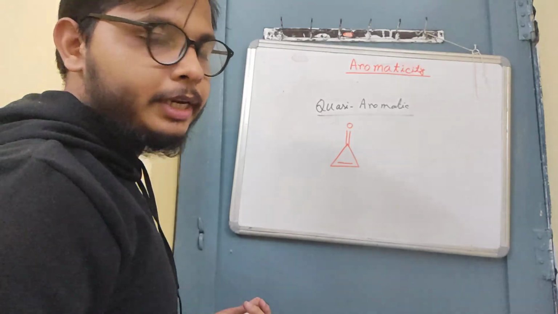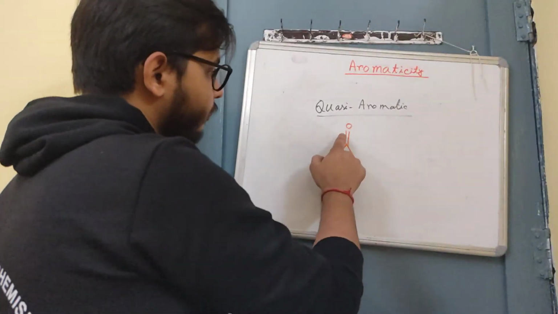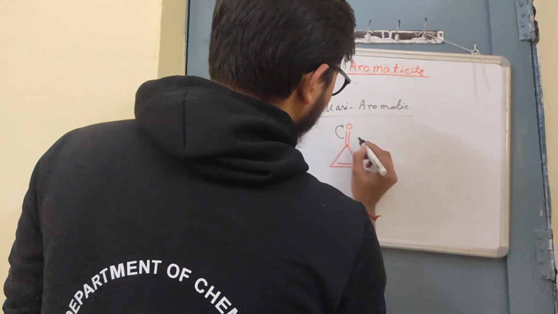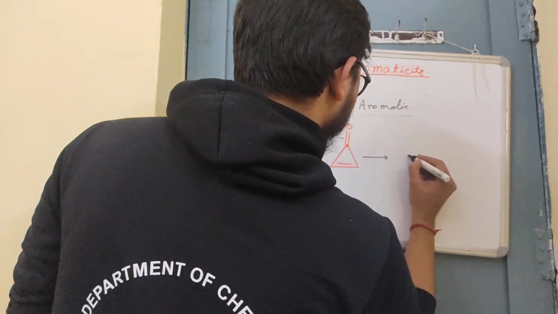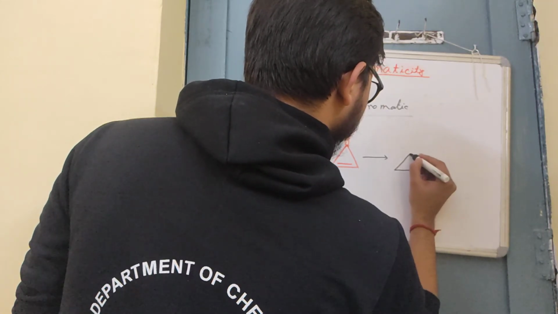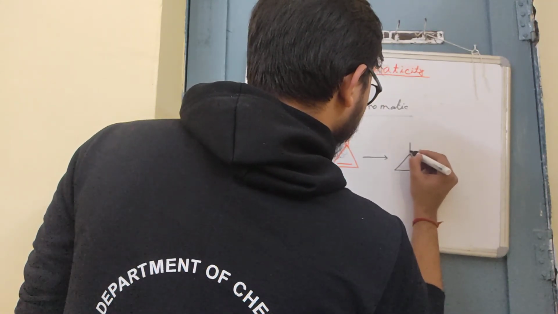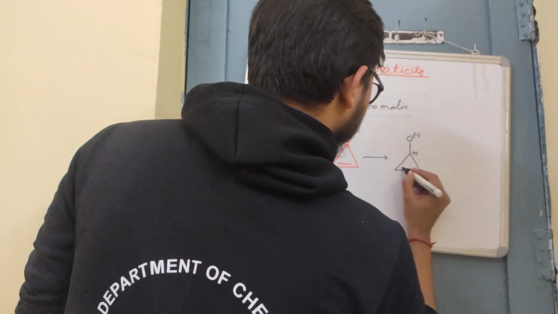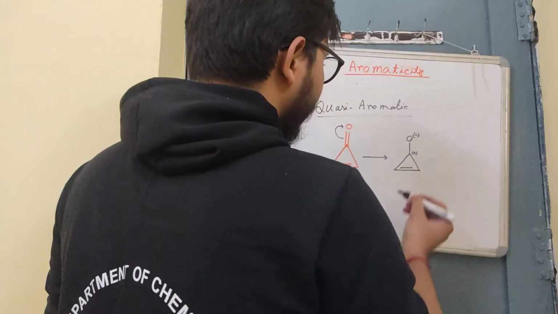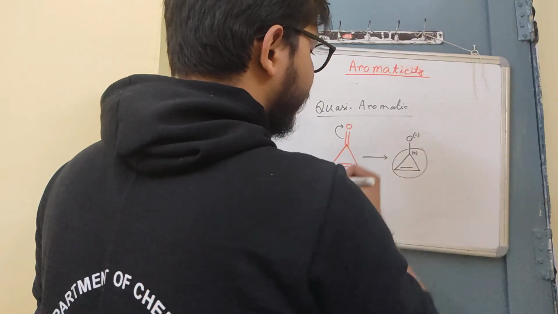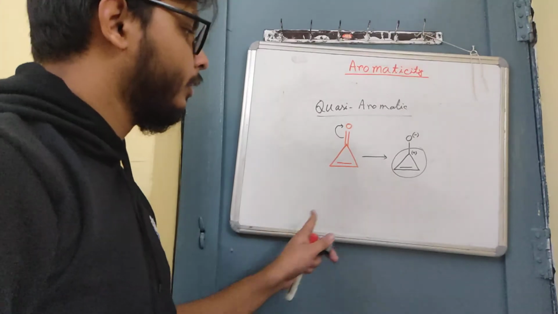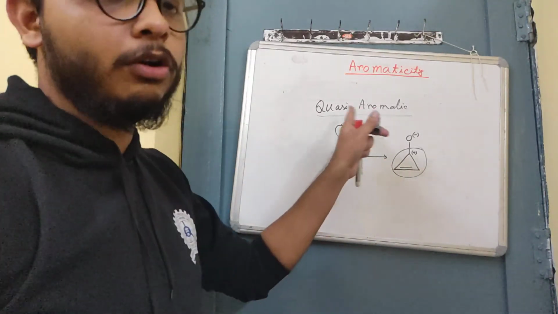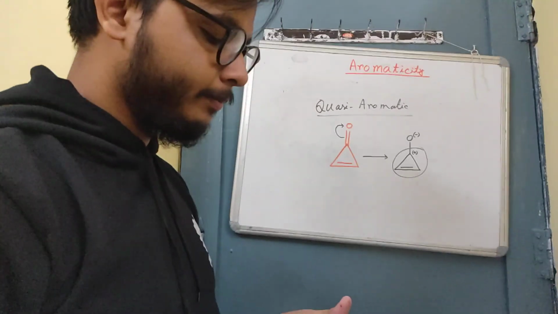Which one is more electronegative? Oxygen. So oxygen can pull the pi bond electrons and convert here. Now look at this system. This is aromatic. This type of compounds are called quasi-aromatic. Okay, thank you.